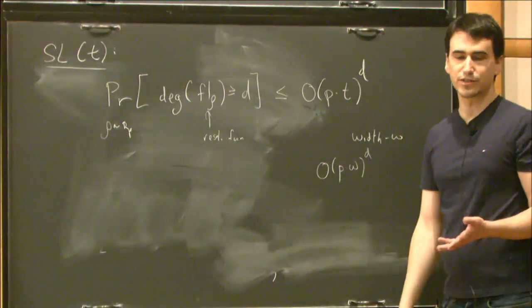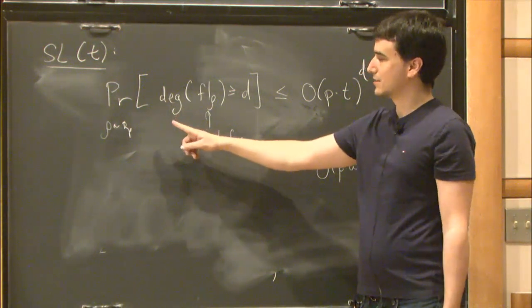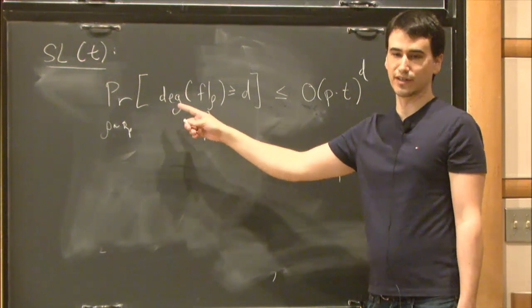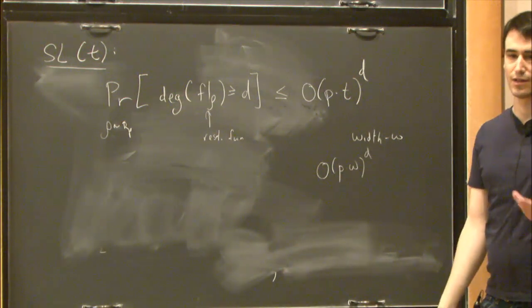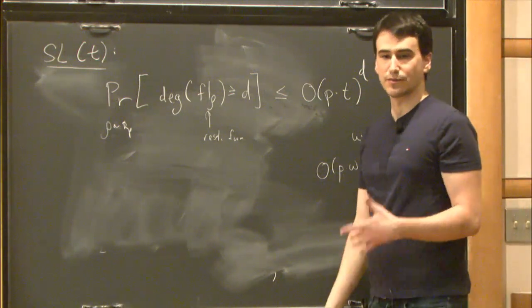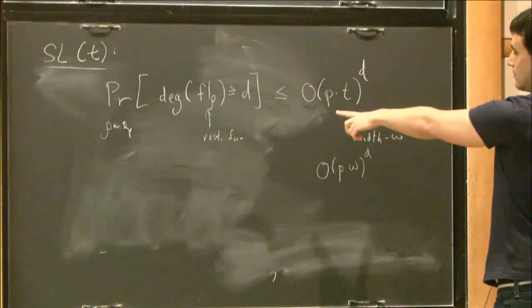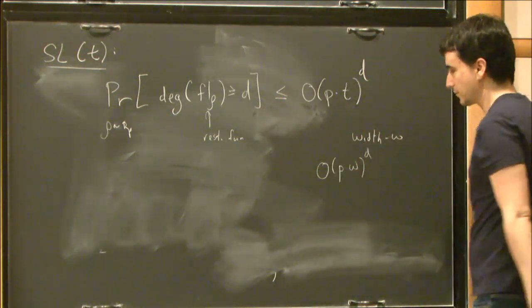And this is the original switching lemma, more or less, except that Hastad proved it with something even stronger than that. He proved it with decision tree depth, which is always bigger than the degree. So he showed something slightly stronger, but for this connection, we need this notion.